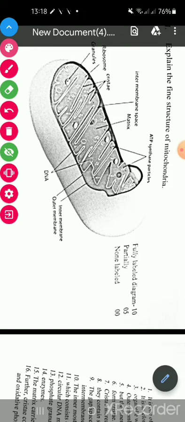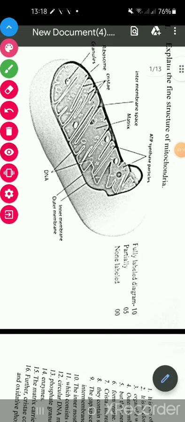the DNA. Actually, it should be circular DNA. It's better to be more specific. So inner membrane, outer membrane, and you should specifically say circular DNA.